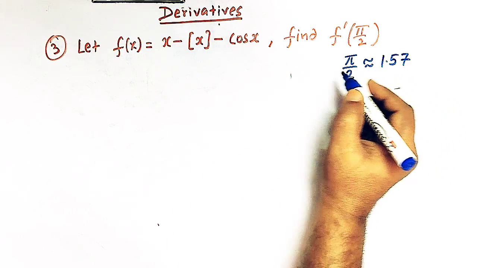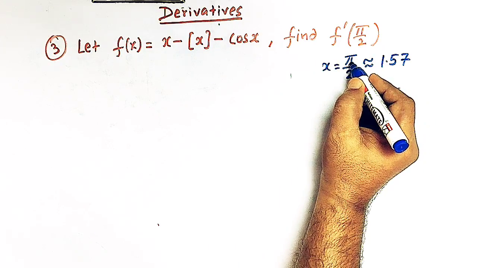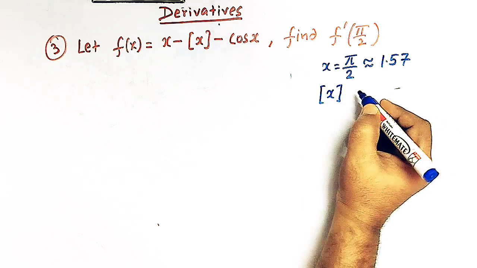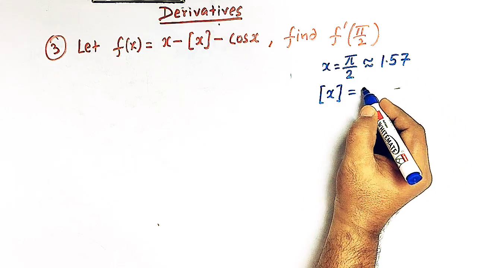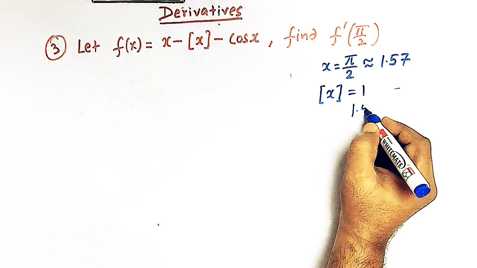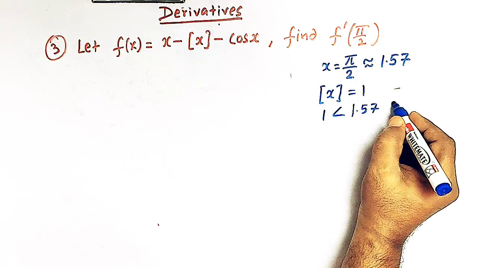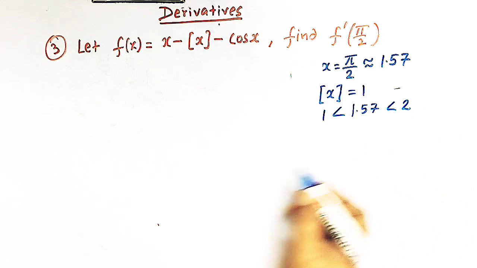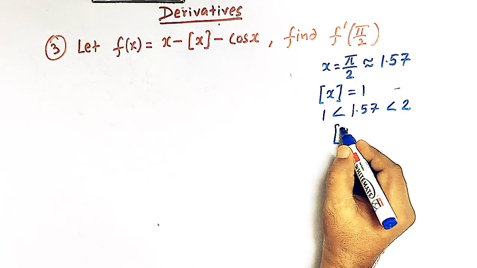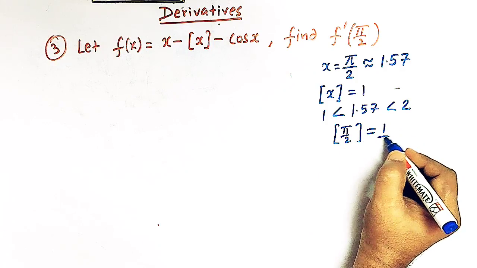So here we see that when x is equal to pi by 2, then the greatest integer of x is equal to 1, because 1.57 is greater than 1, but it is less than 2, right? So the greatest integer of pi by 2 is equal to 1, right?